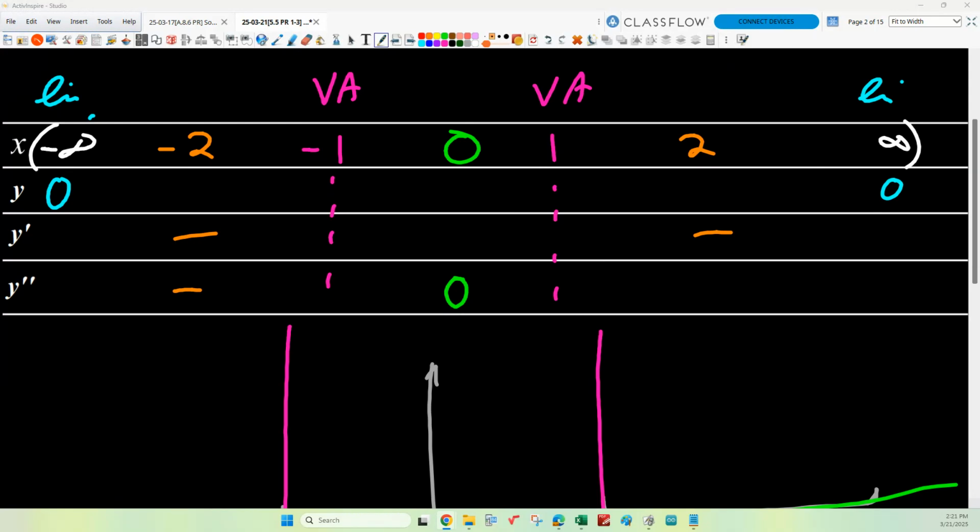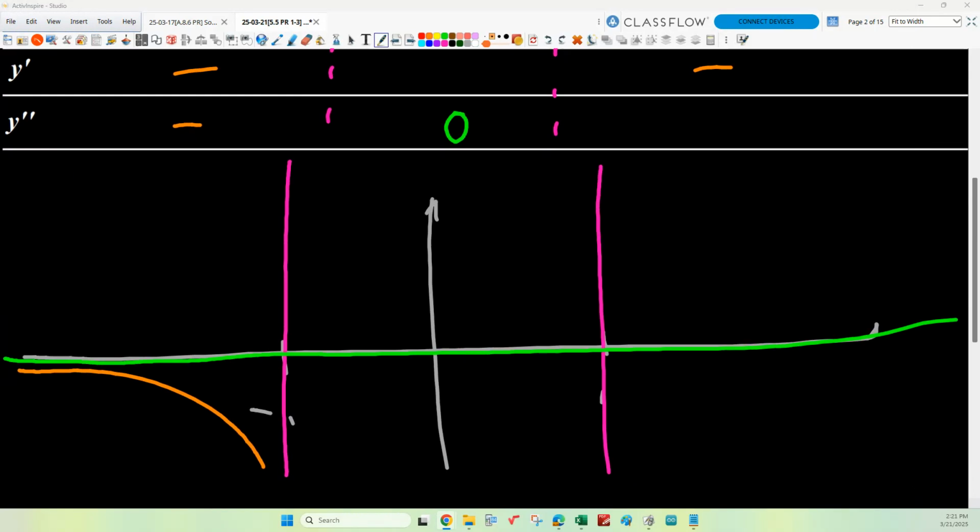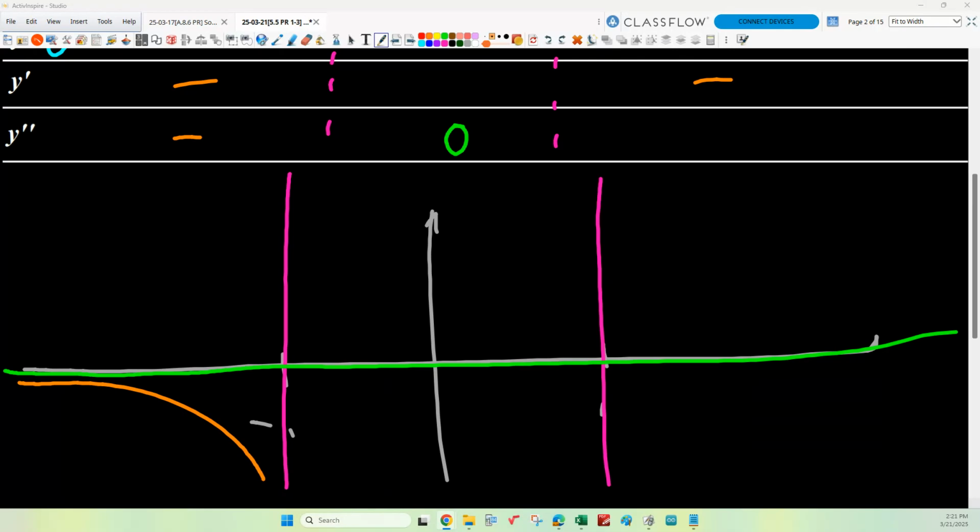right? So then what's the function doing over here to the right of this vertical asymptote at x equals 1 if it's negative? Wouldn't it be the same thing but on the top? Yeah, if it's going downhill and it's got to stick to these asymptotes, doesn't it have to do that? See what I'm saying?